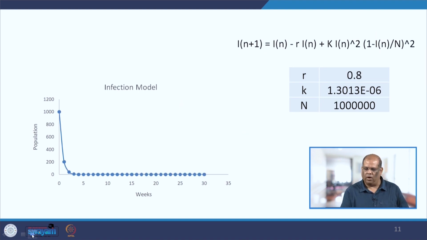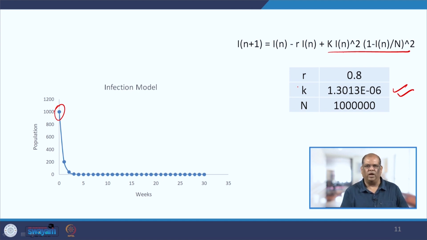Now, this is the model where I have changed the law, where the new infection directly depends on k times I_n squared multiplied by (1 minus I_n by n) whole squared. And we have seen that if we put that with the same initial condition 1000 and the same value of k, please note that this value of k has been taken arbitrarily. If you use some other initial condition, this value of k may change.